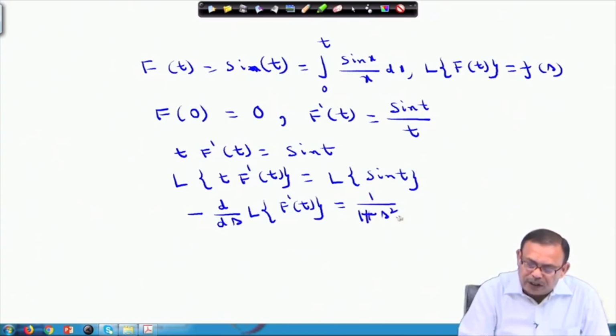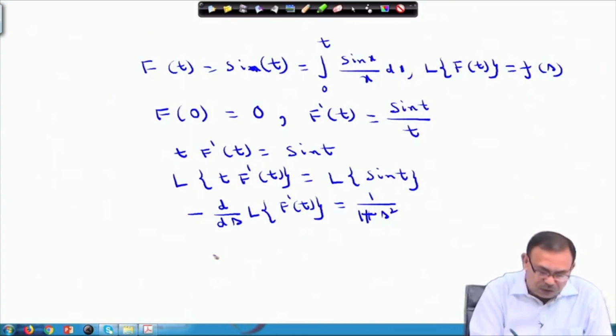Basically we obtained this using the multiplication theorem, which gave minus d/ds of the Laplace transform of f'(t) equals 1 by 1 plus s square.